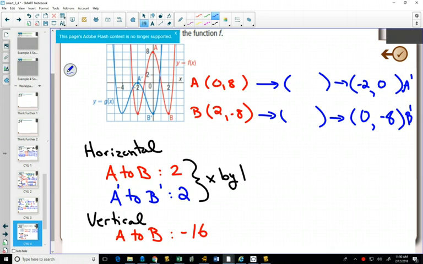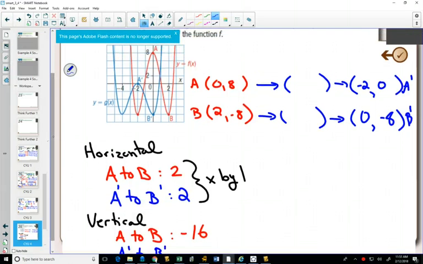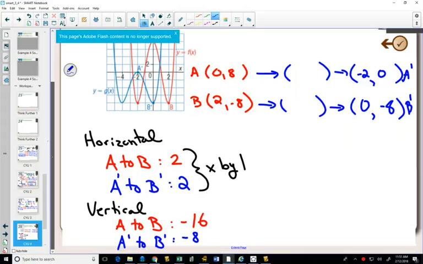And when we look at A prime to B prime, I'm vertically going down 8. And so, how do I get from -16 to -8? My y values would have to get multiplied by 1/2.